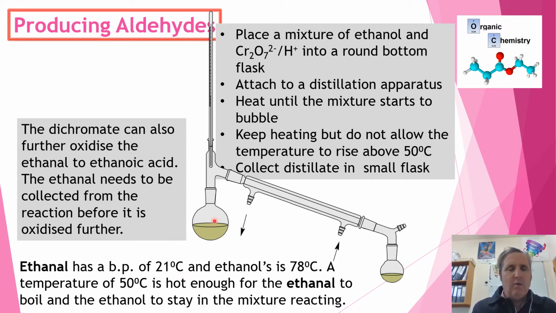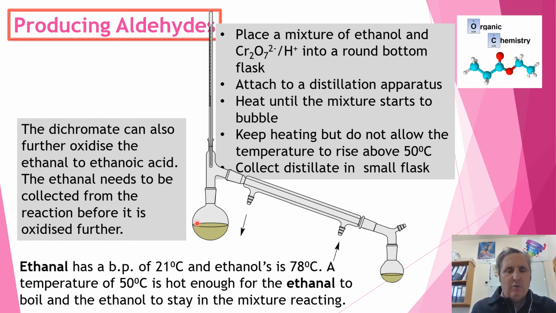The ethanal will evaporate because it's hotter than 21 degrees, it's at 50 degrees, and it will go up and down this Liebig condenser, and it will condense back to a liquid, and we will collect it here.